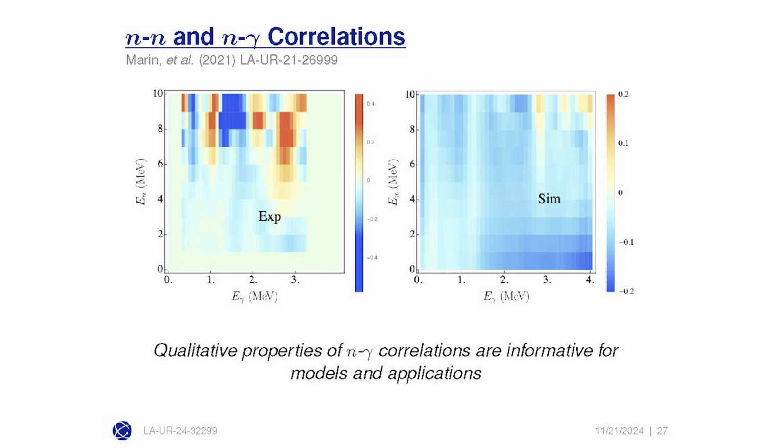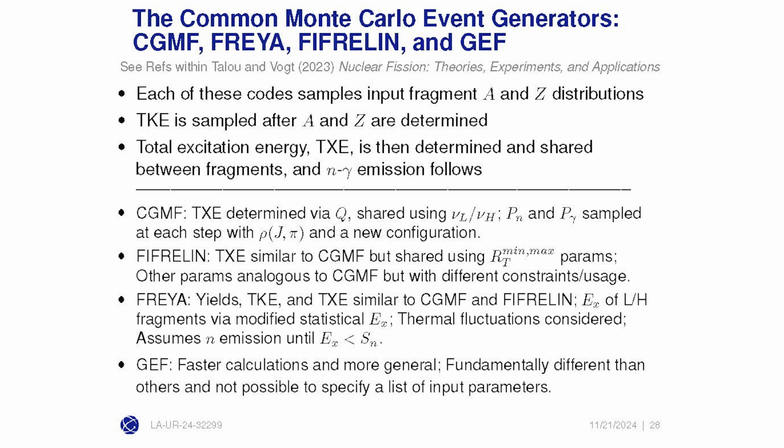For example, here we see neutron energy spectra with gamma energy spectra, and it's very much not smooth. There are structures here, different gamma energies corresponding to different neutron energies, and I'll point you towards this paper to get a more detailed understanding of where this comes from. But this is important qualitative information for us as well, and also helps us understand the fission process through our models and informs our models.